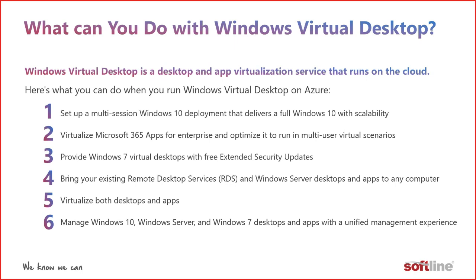Or you can also bring your own existing remote desktop services establishment to the cloud. So basically you can migrate your on-premises remote desktop solution as a Windows Virtual Desktop solution into Azure.